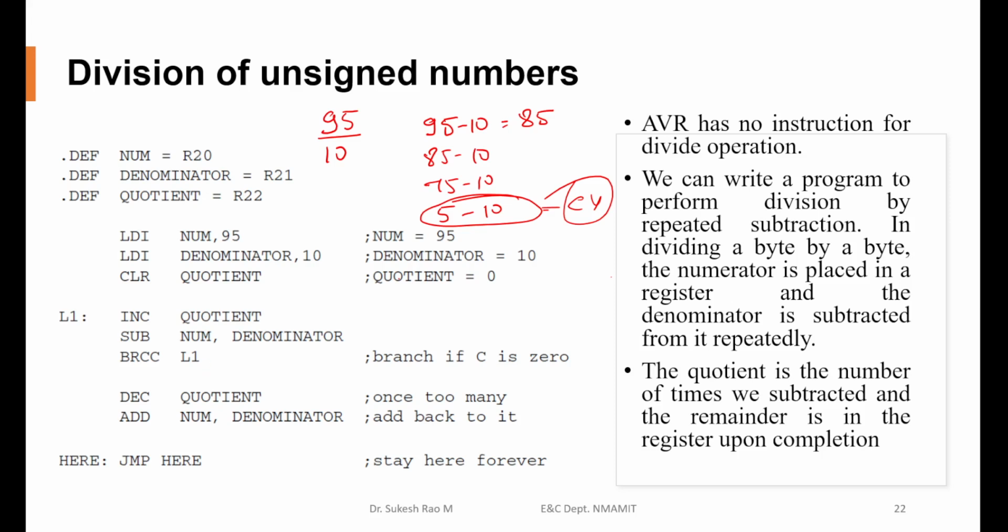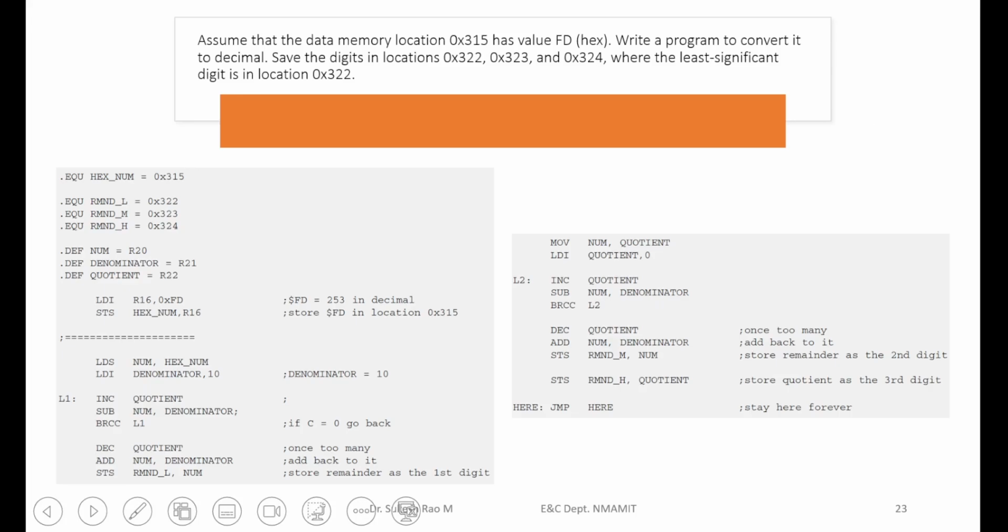I performed an extra subtraction, so I should decrement the quotient, and also get back the remainder by adding back the extra subtraction. That's a very simple technique of successive subtraction for implementing the division logic. So this is how the division is to be performed, and you have to keep this in mind.